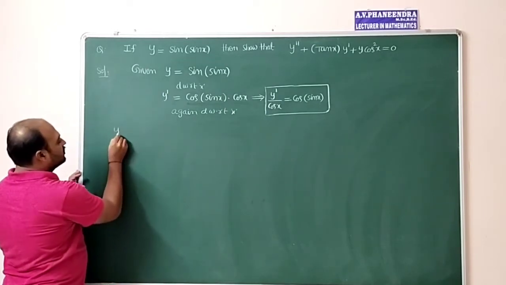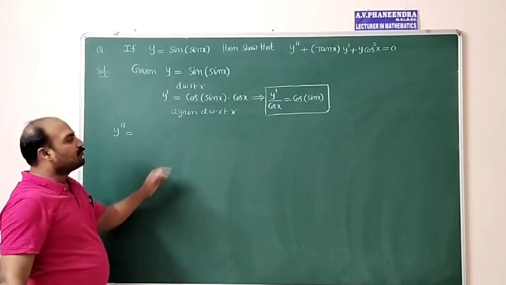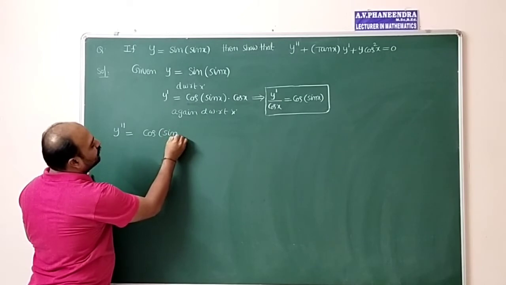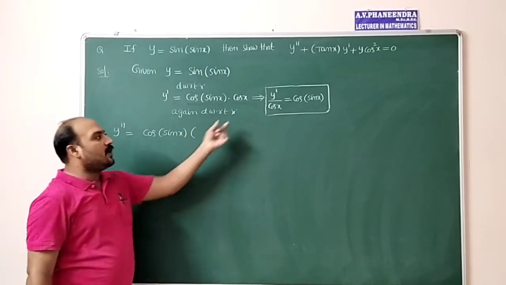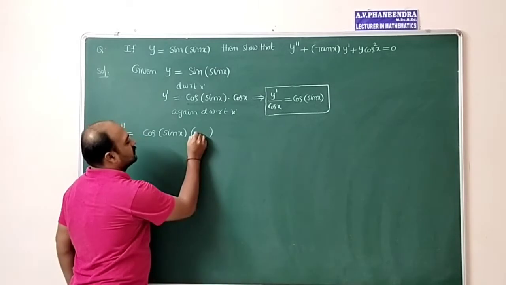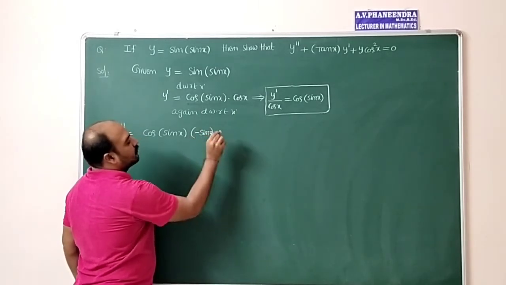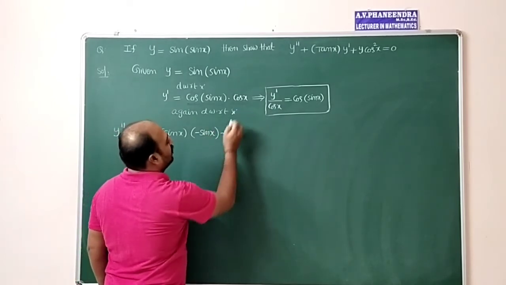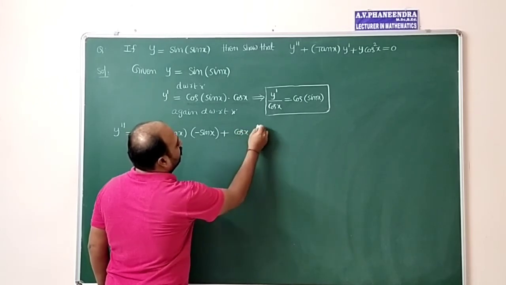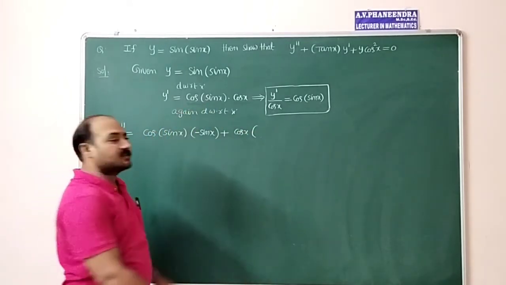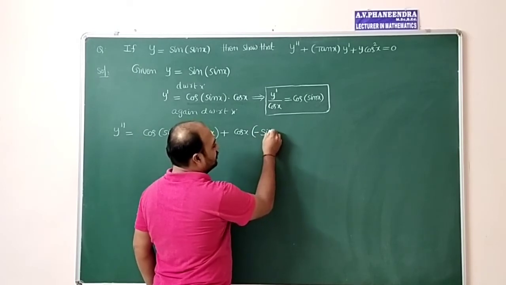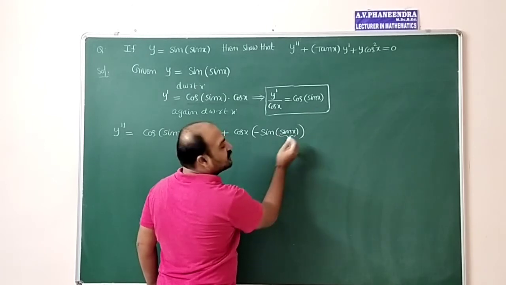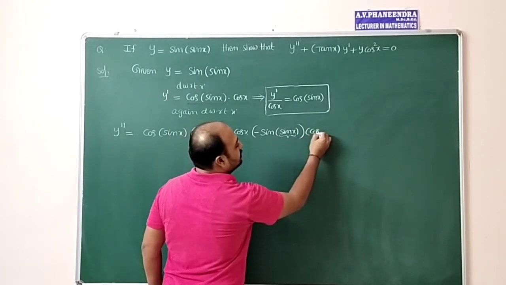So y dash derivative is y double dash is equal to u into, cos of sin x into d by dx of cos x, minus sin x, plus cos x into d by dx of cos of sin x, minus sin of sin x. Again sin x we have to differentiate. D by dx of sin x is cos x.